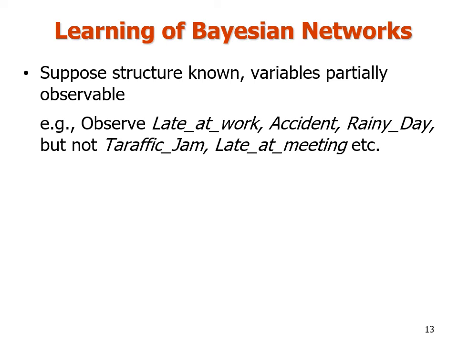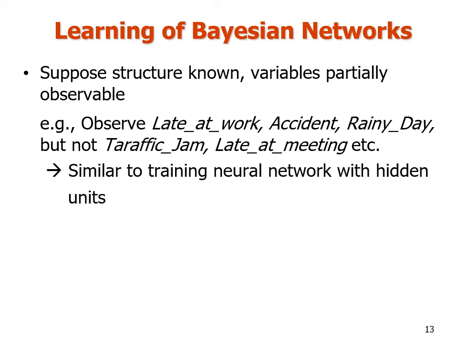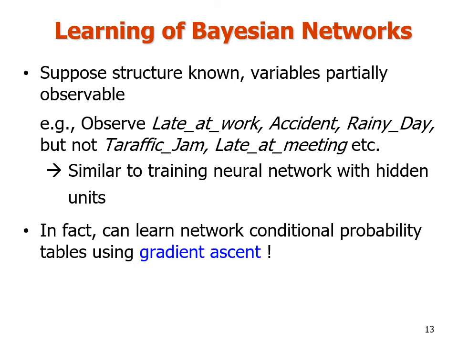For such a problem where the variables are partially observable, the learning of the Bayesian network becomes similar to training a neural network with hidden units. We are not going into the details of any of the learning algorithms for Bayesian networks, but this is for information. In fact, one can learn the network conditional probability tables, or CPTs, using the gradient ascent algorithm.